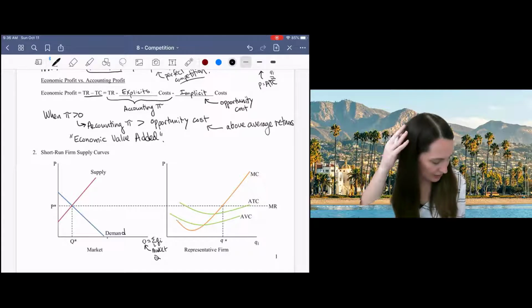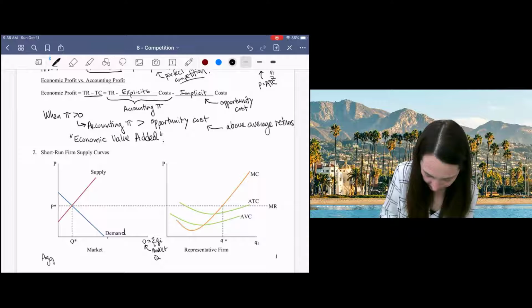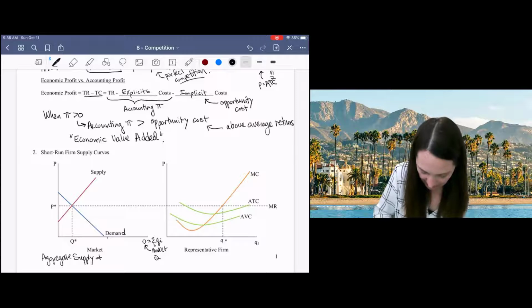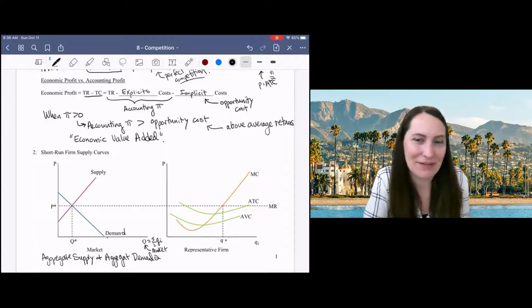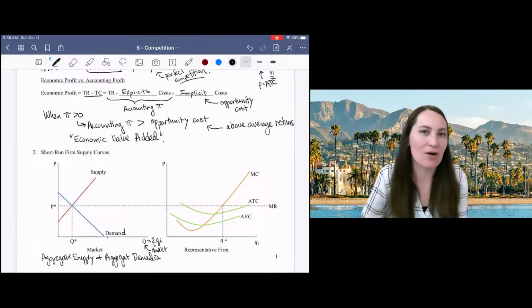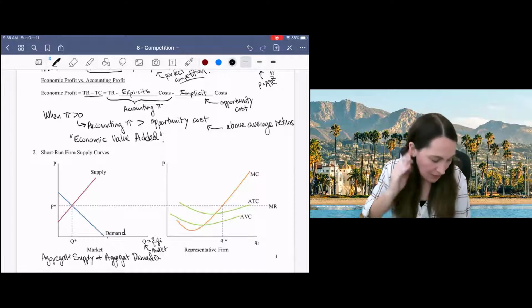So here, the market aggregate supply or total supply in the market and aggregate demand, not in the macro sense, but in the market sense, like when we add up all the individual supply curves and we add up all the individual demand curves, we get market supply and market demand.